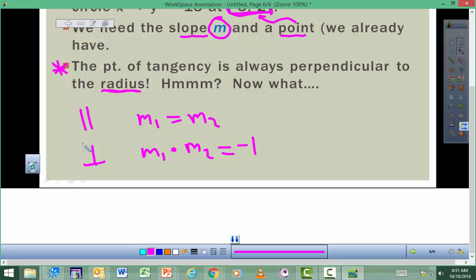That's from geometry. And typically what we did is we just used the reciprocal. Like if this slope here is 2/3, then this slope has to be what? 3 over 2, right? But one of them has to be negative. So that's the idea behind this perpendicular. So let's take a look at this problem and see if we can figure it out.